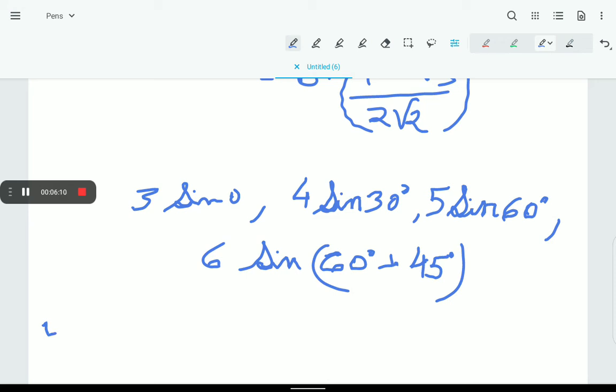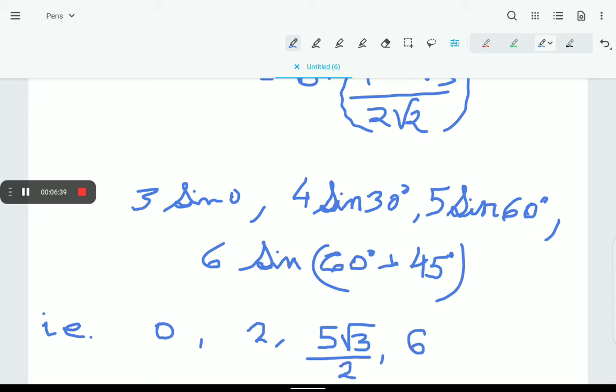That is, sine 0 is 0, sine 30 degree is 1 by 2, so that gives you 2. Sine 60 degree is root 3 by 2, so 5 root 3 upon 2.